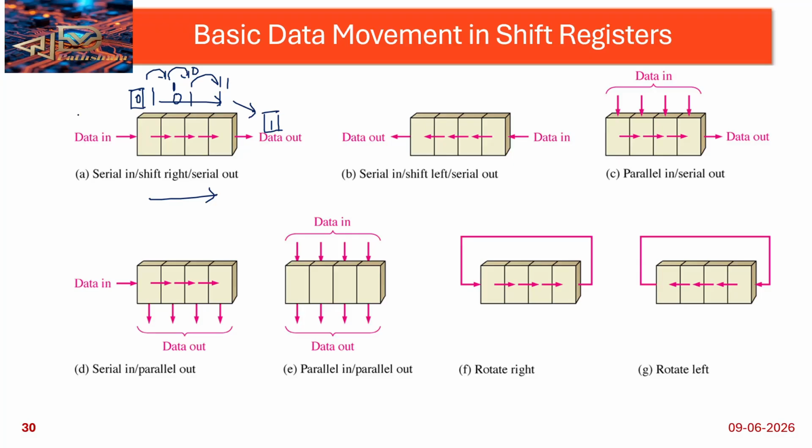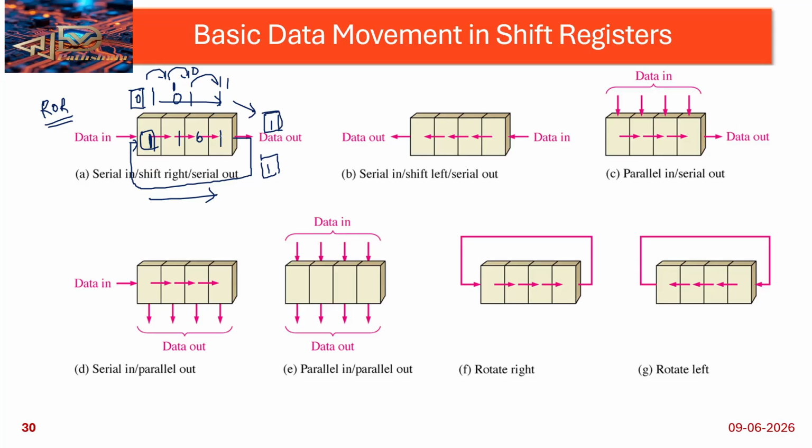Similarly, ROR, rotate right. Here we are rotating right, so it is a ring type rotation, and whatever the outside bit is, that will be placed in the MSB position. Suppose 1 0 1 1 is there, then 1 0 1 is the remaining part, and this empty position is replaced with the outside bit. That is rotate right.